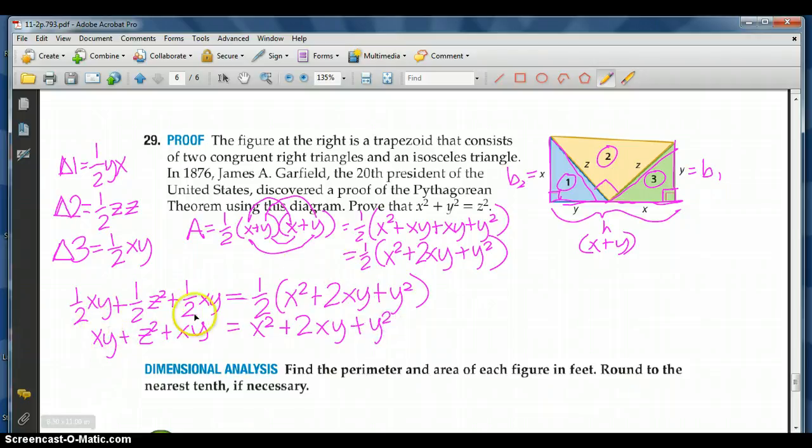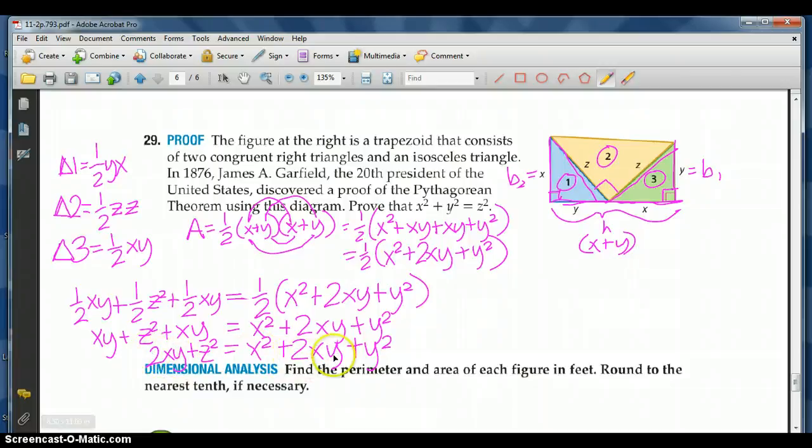Let's simplify this. xy plus xy is 2xy plus z squared. Everything stays the same over here. And then our final step. Since we have 2xy on both sides, we can eliminate it.